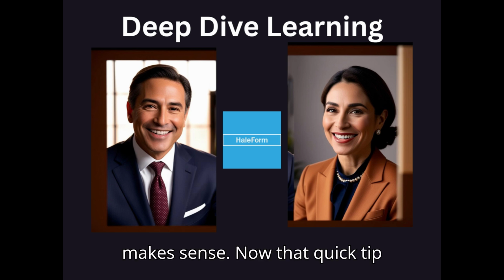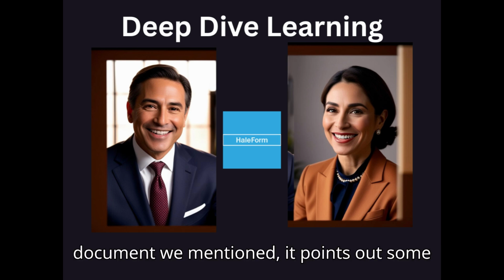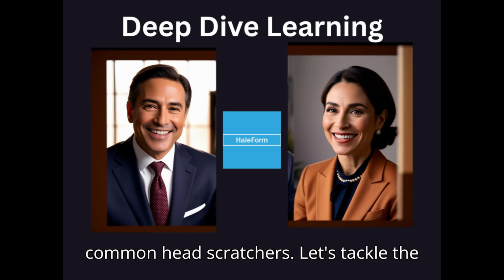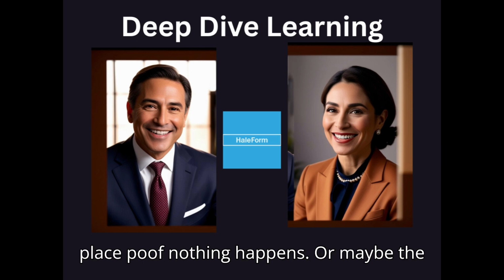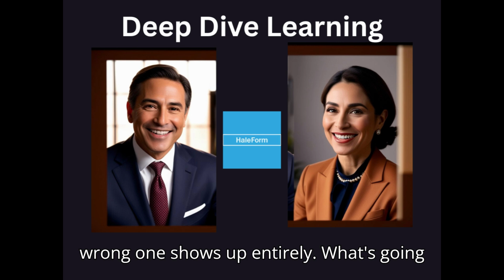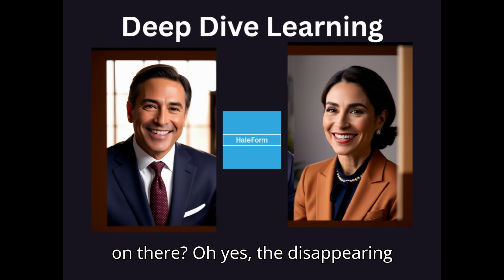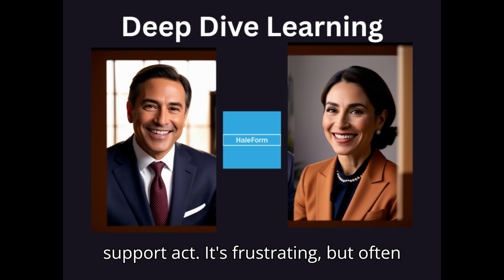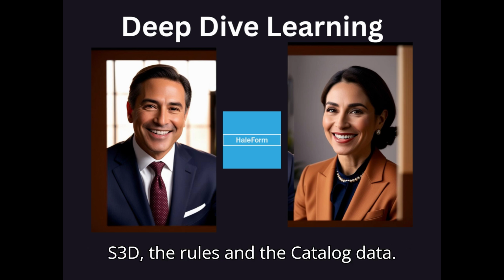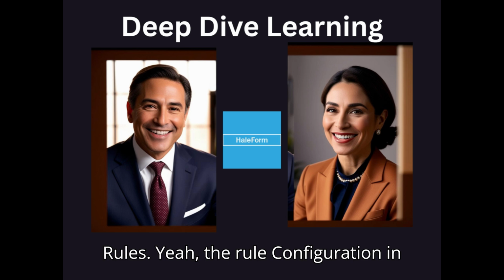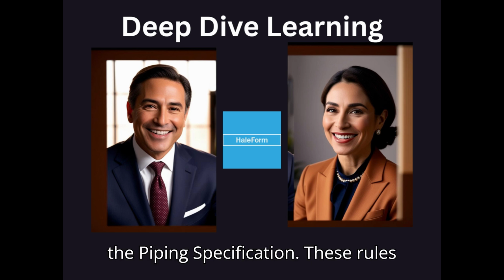Okay, makes sense. Now, that quick tip document we mentioned points out some common head scratchers. Let's tackle the first one: the support that just fails to place, poof, nothing happens, or maybe the wrong one shows up entirely. What's going on there? Yes, the disappearing support act. It's frustrating, but often it comes down to the intelligence behind S3D: the rules and the catalog data. Rules? Yeah, the rule configuration in the piping specification.